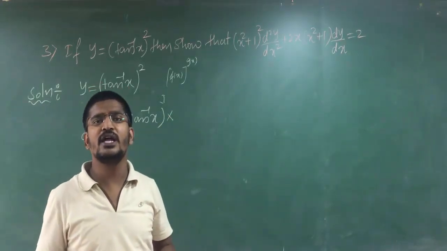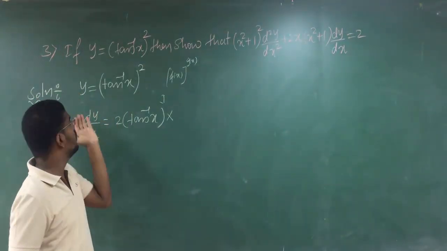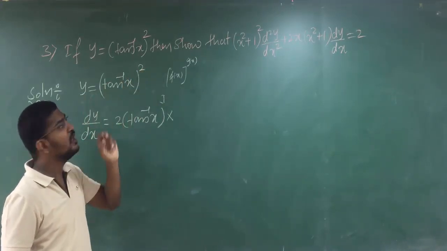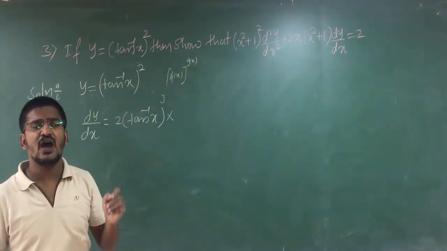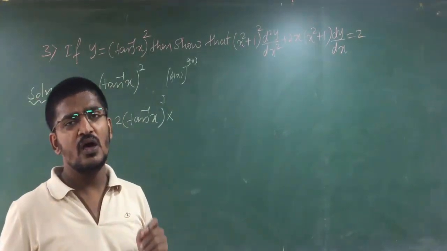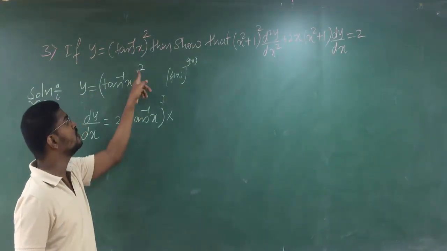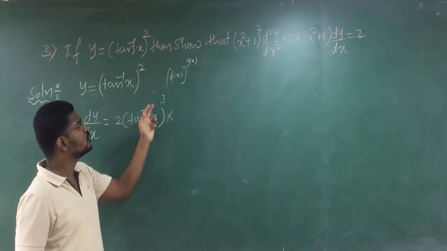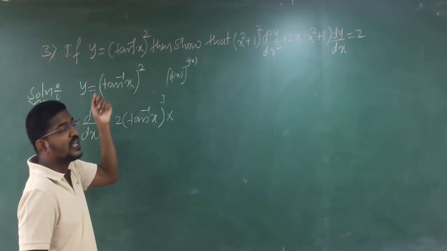Have you got my point? Listen carefully. You have to differentiate y equal to (tan inverse x) whole square. It is in the form of composition, where g of x is a constant function. So for that reason we have to apply the chain rule. While applying the chain rule, please make sure that you differentiate the power first. So it will be 2 (tan inverse x) to the power of 1 multiplied with the differentiation of tan inverse x.